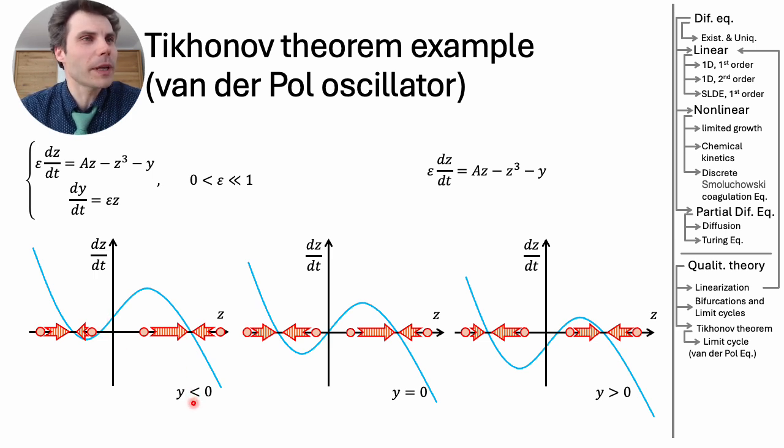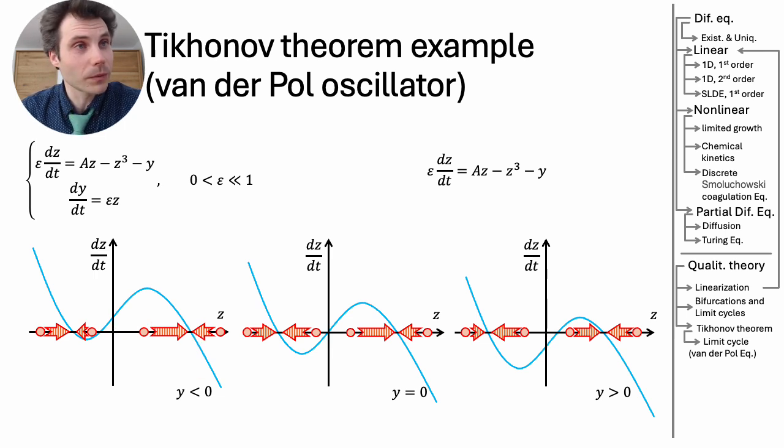If the deviation of y from 0 is not super big, if it's not too negative or too positive, if it's somewhere around 0, there are two stable stationary points and one unstable one.